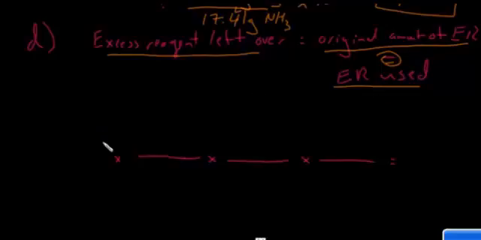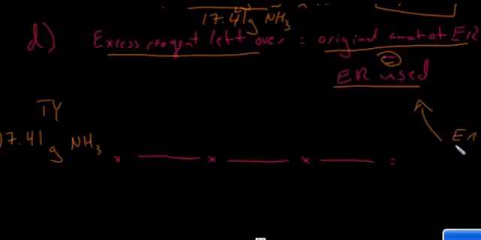And so first thing you want to do is find the amount of the excess reagent used. You can do this by seeing how many grams of that ammonia should have been formed, your theoretical yield. 17.41 grams of ammonia was your theoretical yield. From that, we can get the excess reagent used. So again, we go from grams into moles, and moles into moles of another, and then moles into grams.